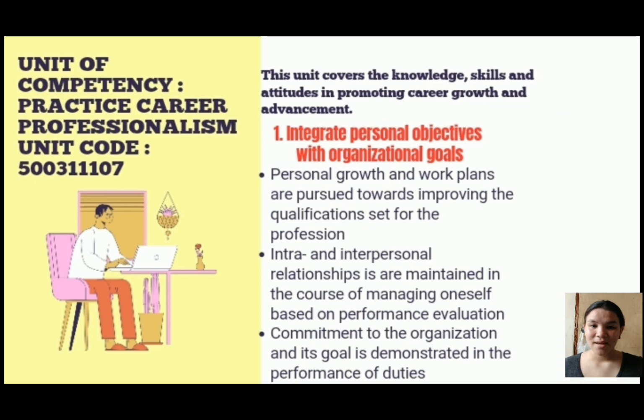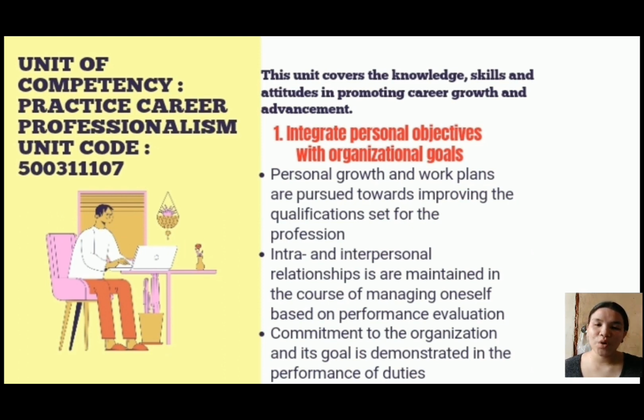The next unit of competency is Practice career professionalism. The unit code is 50031107. This unit covers the knowledge, skills, and attitudes in promoting career growth and advancement. The first one is integrate personal objectives with organizational goals.